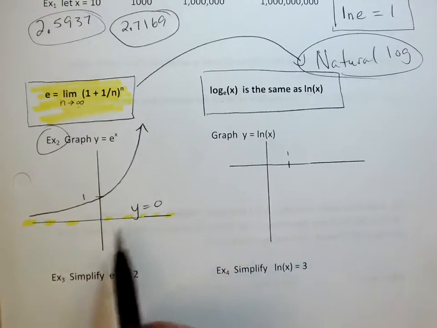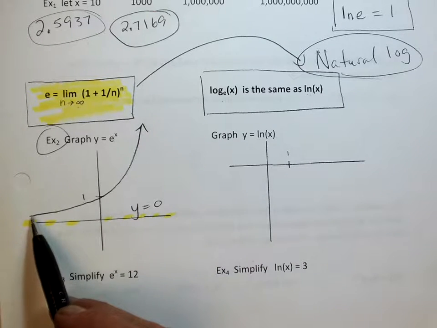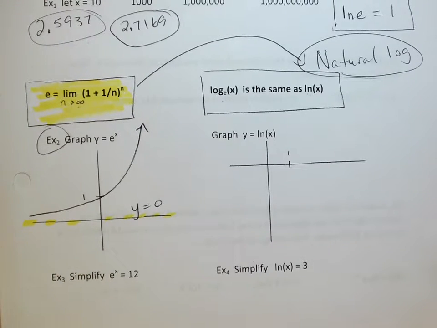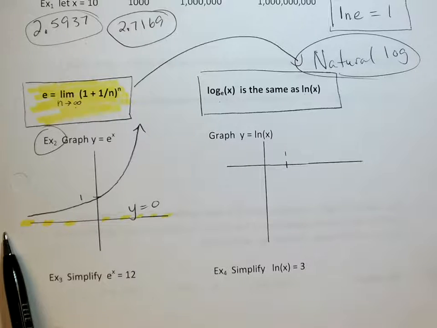An asymptote is a borderline that the graph will approach but never touch. This graph's getting closer and closer to 0, but it'll never get to 0. It's like half of a half of a half, and you never get to 0. That's why you have this boundary line that says you're not going to get there.